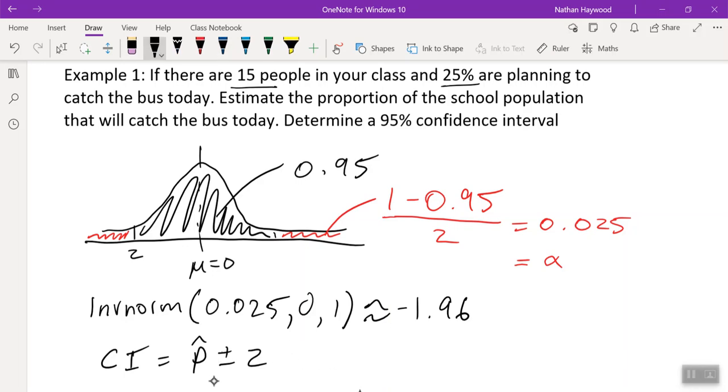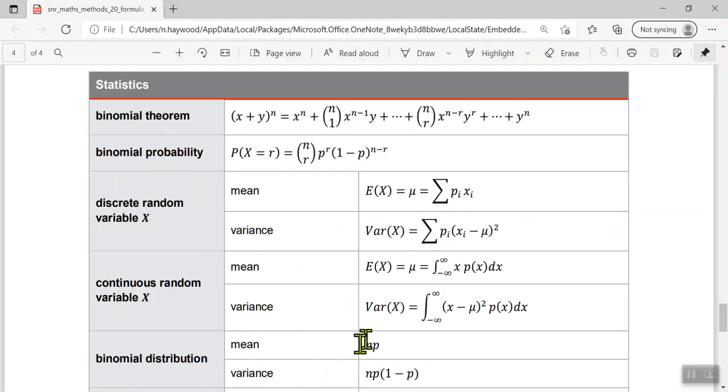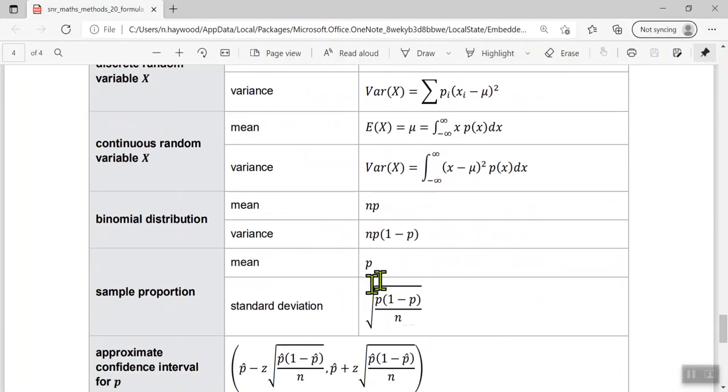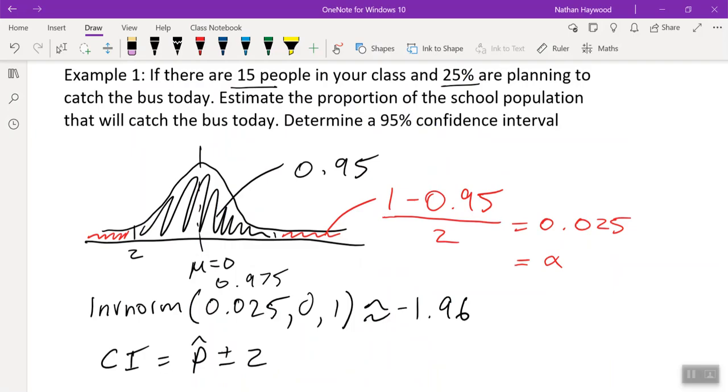So if you look at your handy formula sheet, this is your formula for the standard deviation. So we can sub that in instead of the other one. Sorry, I forgot the square root.